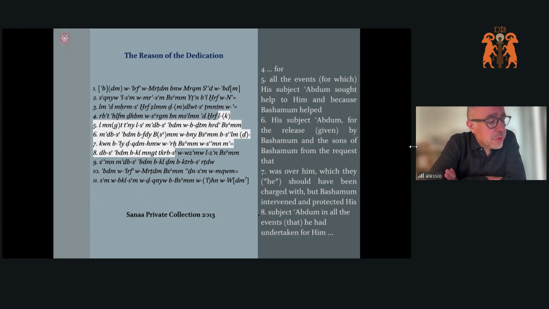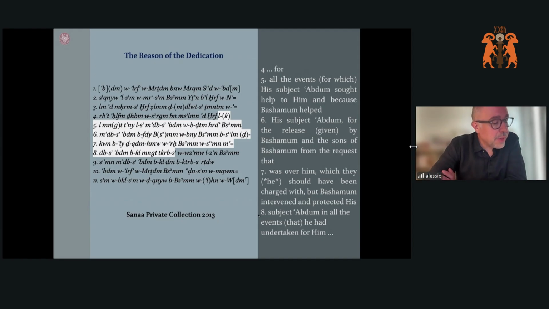The expression son of Bashamum may indicate a human group of Abdum's fellow citizens, all sharing devotion to Bashamum. The request mentioned probably concerns a concrete obligation weighing upon Abdum, and the reference to the descendants of Bashamum suggests that Abdum was indebted, maybe, to some of his fellows.